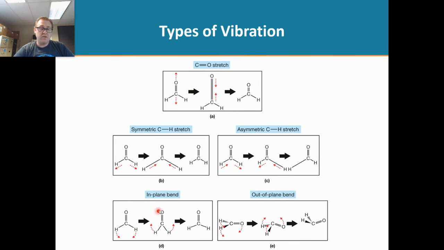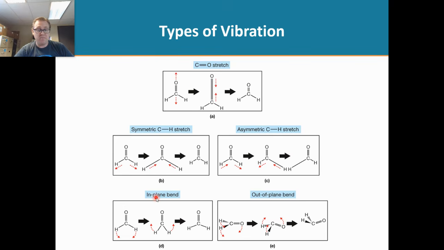Now we can also do something called a bend, where you can see that these two hydrogens, not only can we stretch and compress them, but we can bend them closer to one another, like this, or we can bend them out further from one another, shown right here. Okay, and there's another two subclasses of these bends.